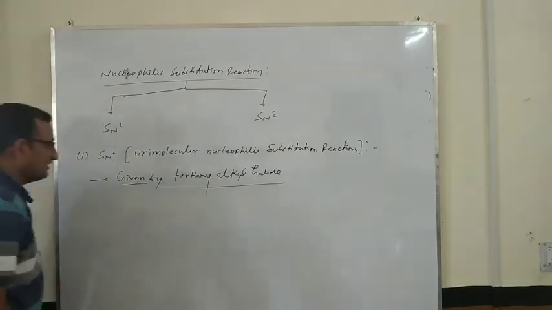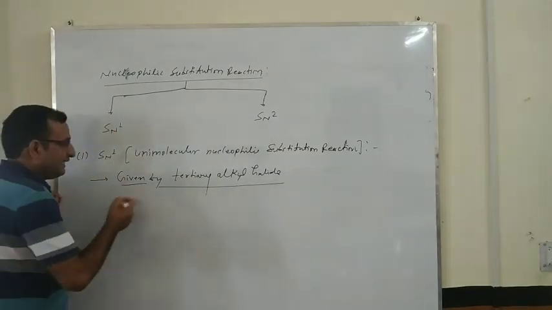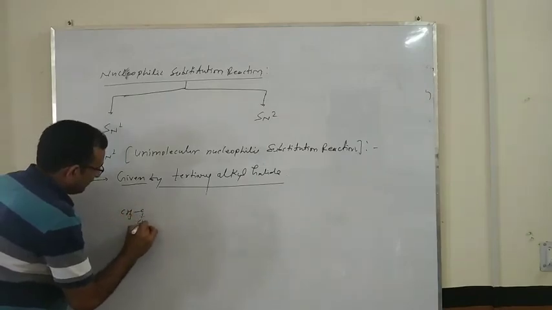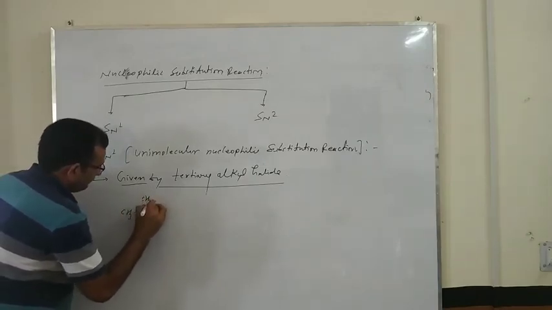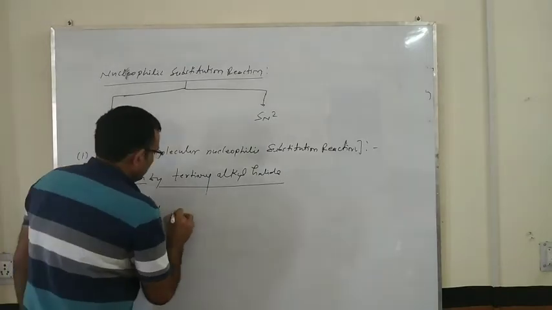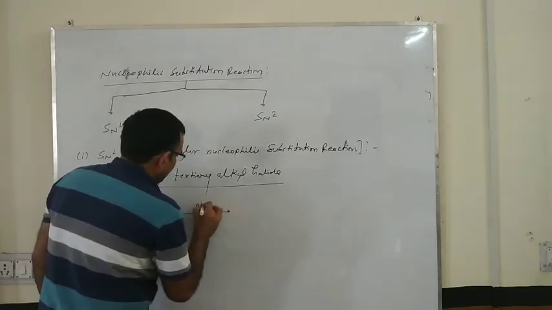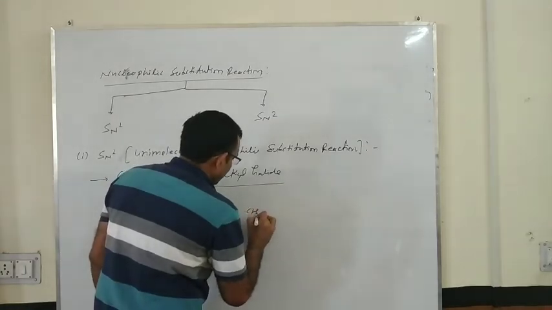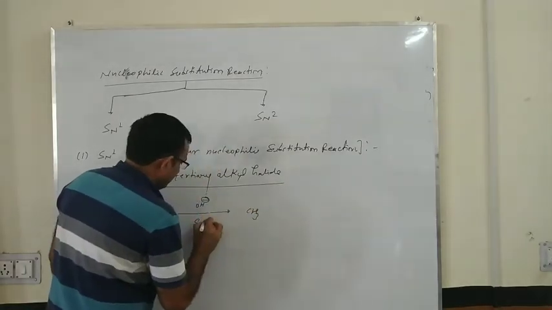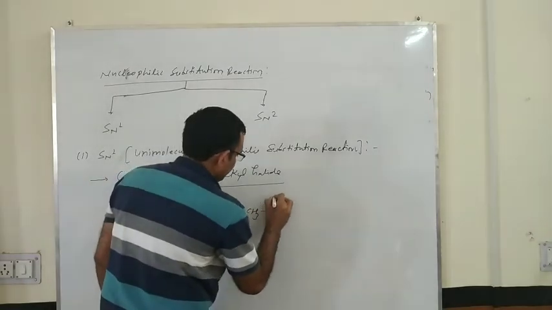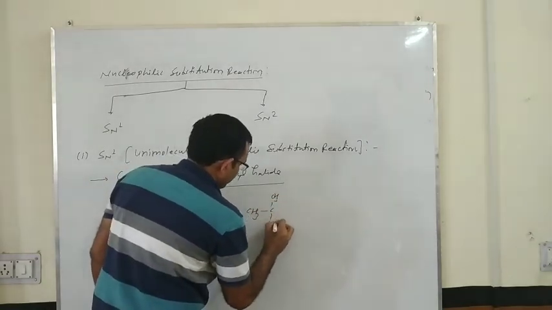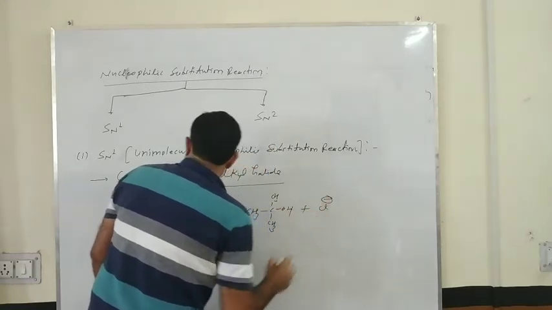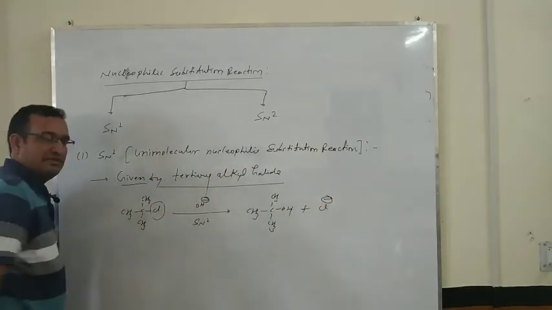We understand by the example. Now we take the example tertiary butyl chloride. In presence of nucleophile, it gives tertiary butyl alcohol, plus Cl, which is the leaving group that leaves the substrate.